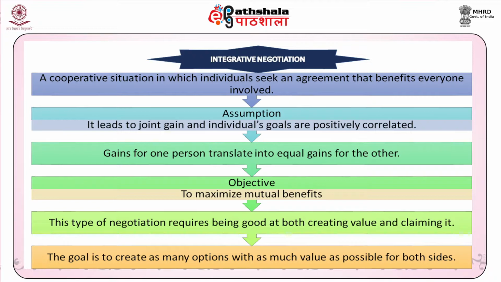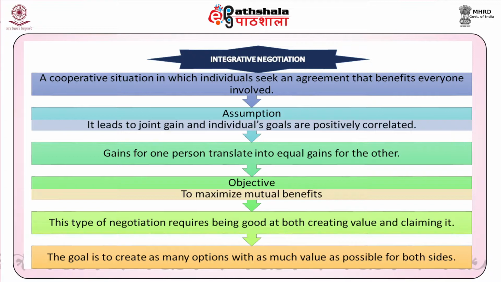The objective of integrative negotiation is to maximize mutual benefits, and each person tries to expand the pie to ensure everyone's goals will be met to the greatest extent possible. This type of negotiation requires being good at both creating value and claiming it.